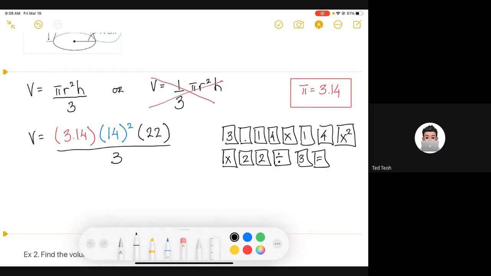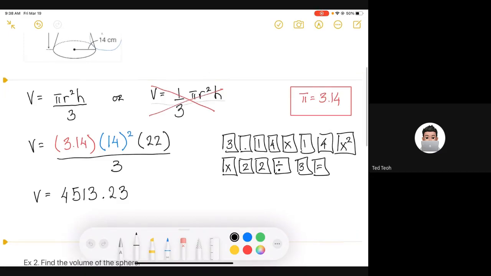So those are the buttons you're going to press: 3.14 times 14 squared times 22 divided by 3. And you should get 4,513.23 if you round it up. It's like 226667. Just round it to 2 decimal places.